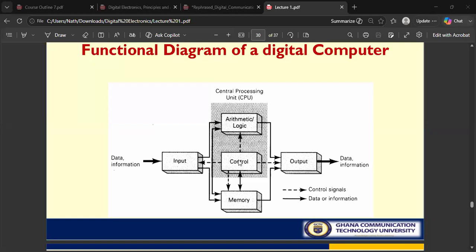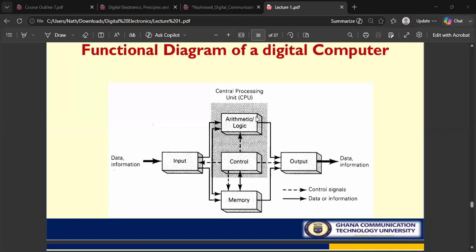And then the control unit is the one that fetches the instruction from the memory. You can see the arrow here. It fetches the instruction from the memory and decodes what it means before sending it to the arithmetic logic unit.